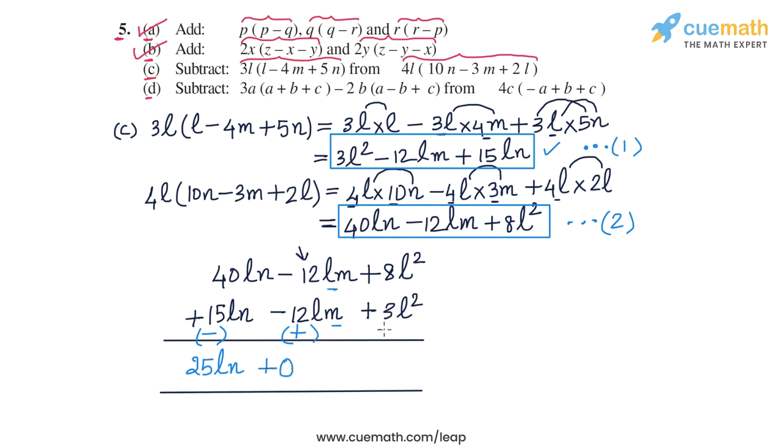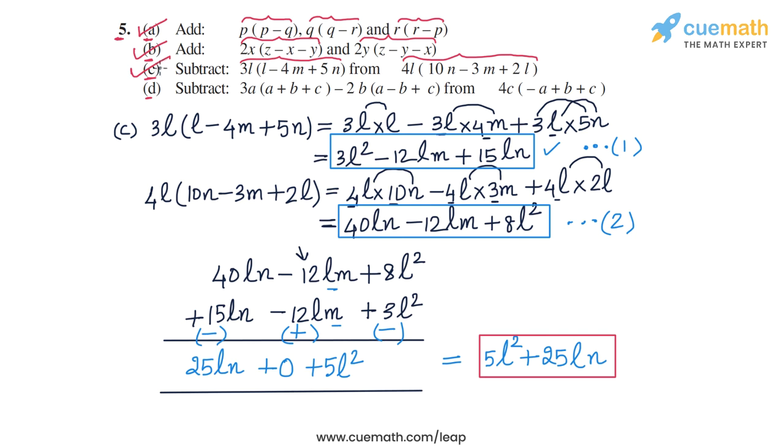And then we have plus 3l square becomes minus 3l square, and 8l square minus 3l square becomes 5l square. So this is the expression that we obtain, and we can write this as 5l square first and then 25ln. Okay, so this expression that we obtained, 5l square plus 25ln, this is the answer for part C.